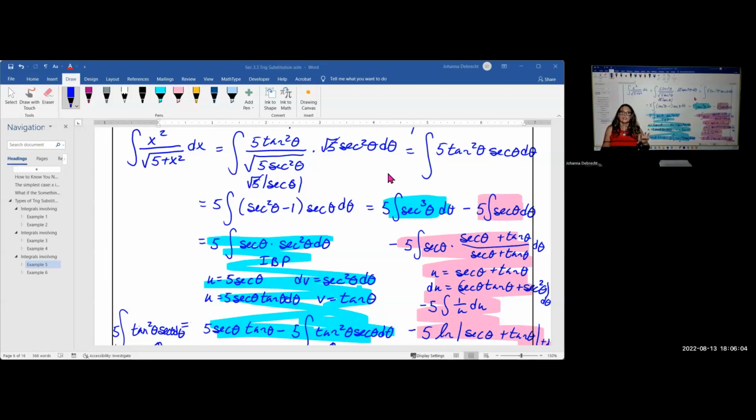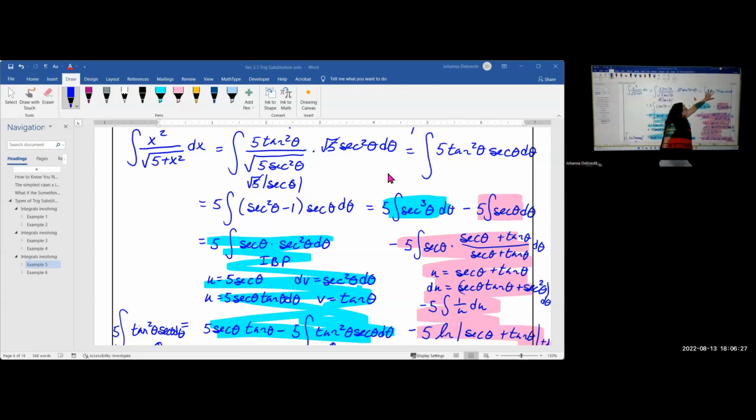Remember that we choose that constant to be 0 when we're doing integration by parts. Then we get u times v, 5 secant theta tangent theta, minus the integral of v du, minus 5 the integral tangent squared of theta, secant of theta d theta. So let's put it back together again. I started with this.